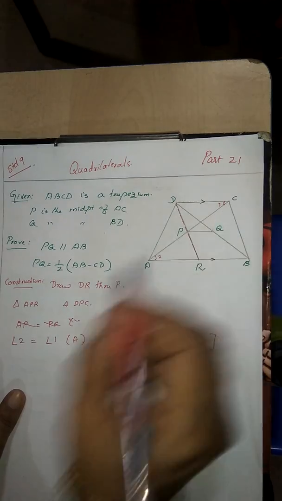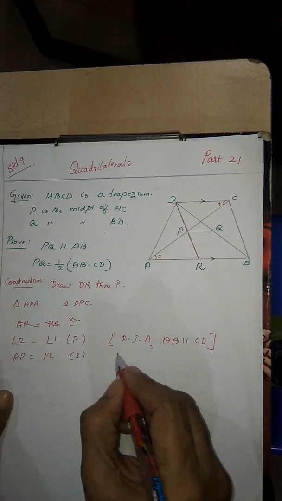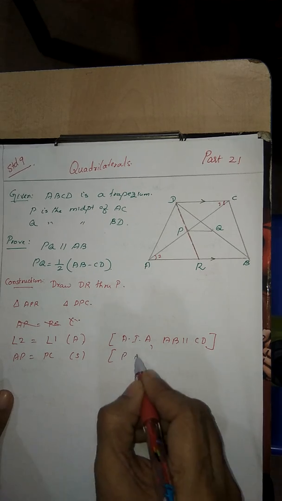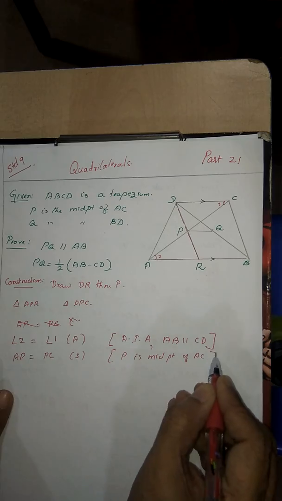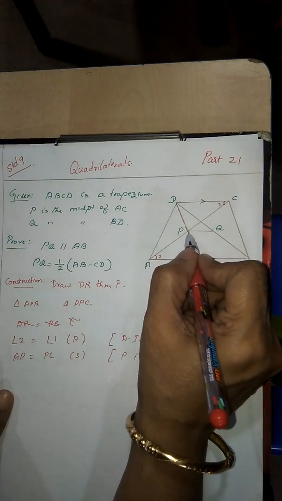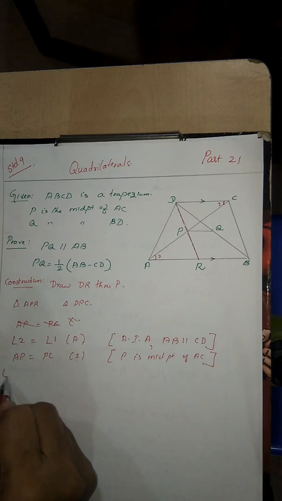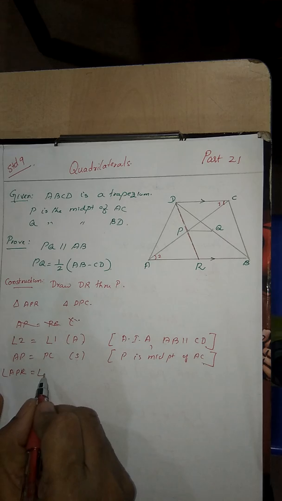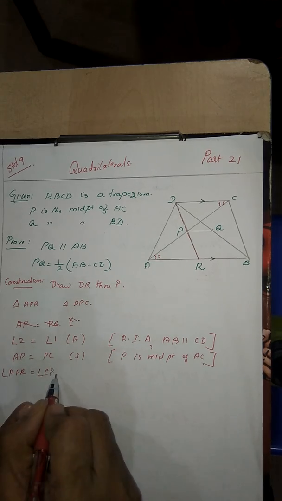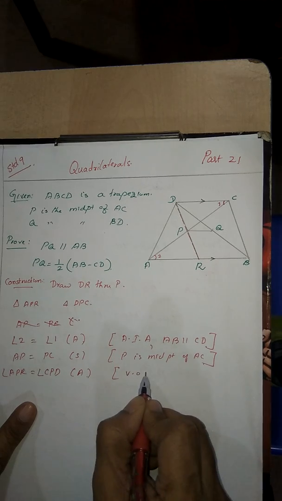Now we have AP is equal to PC, since P is the midpoint of AC. And then we have these two angles equal, vertically opposite angles. So angle APR is equal to angle CPD, vertically opposite angles.